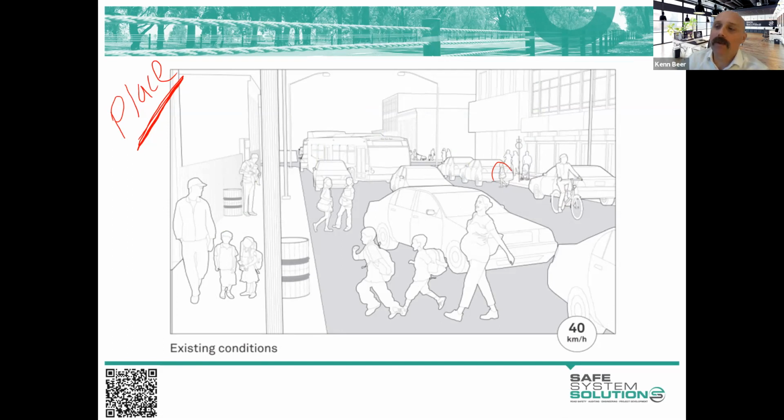Okay, there's a couple of points around potentially adding pedestrian fencing to stop the pedestrians being able to interact with the cars and have that conflict. Now, this is probably one where, in theory, it does increase alignment with safe system principles because you've lessened the likelihood of that crash happening.